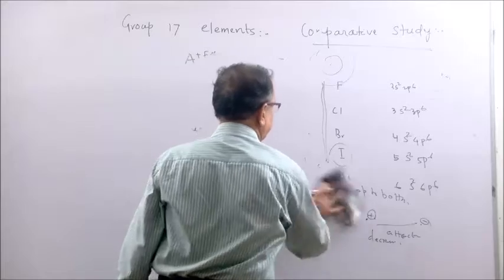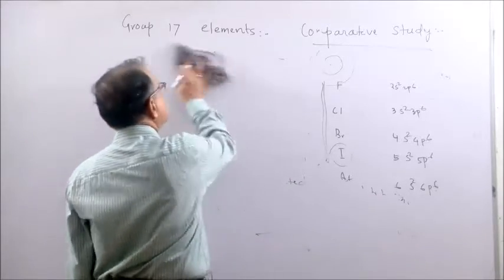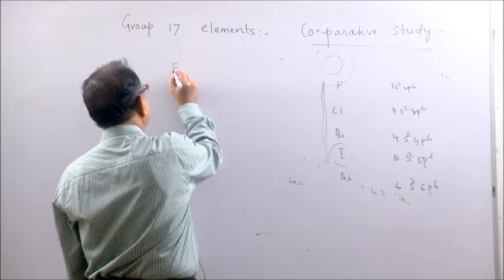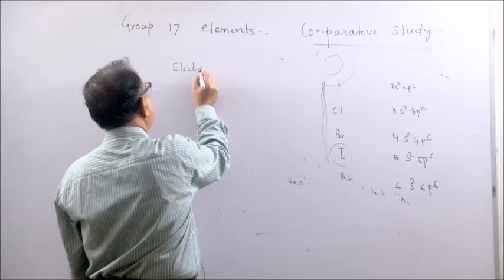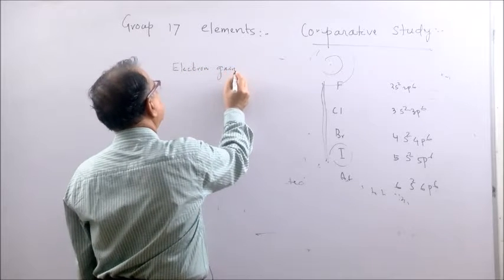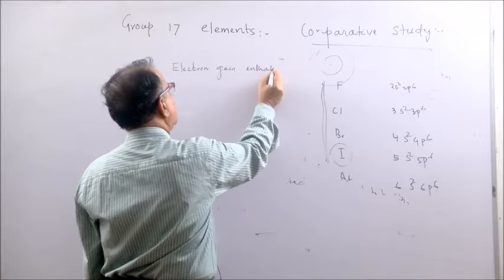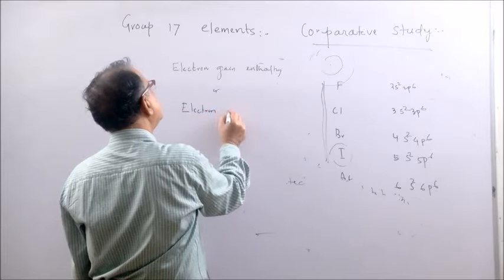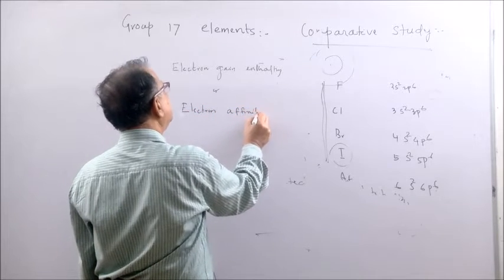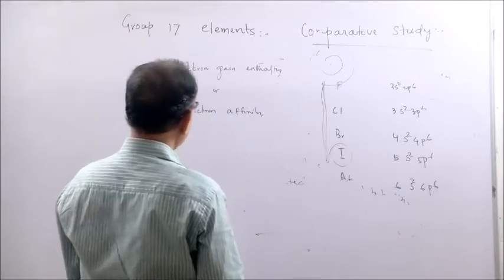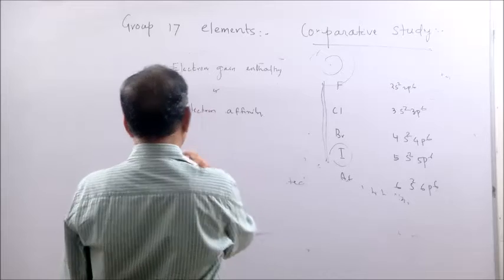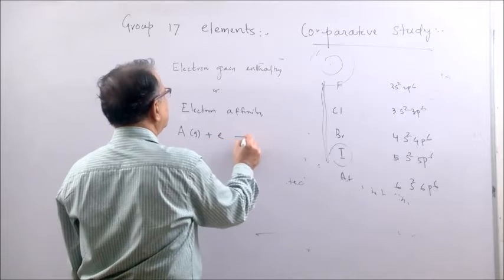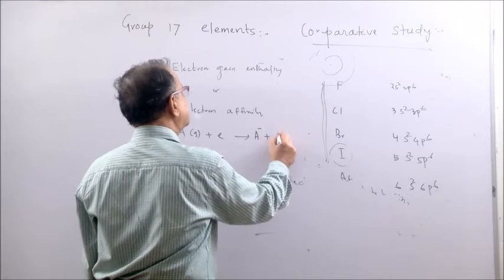Then we'll go to the electron gain enthalpy. You may also call it electron affinity. Electron gain enthalpy is like this: suppose here is a gaseous atom, plus electron gives A minus, plus energy.